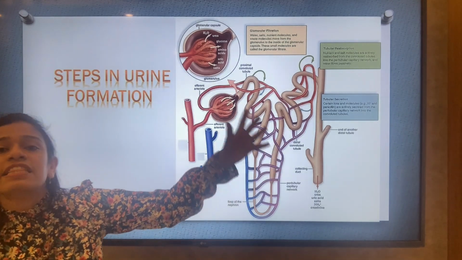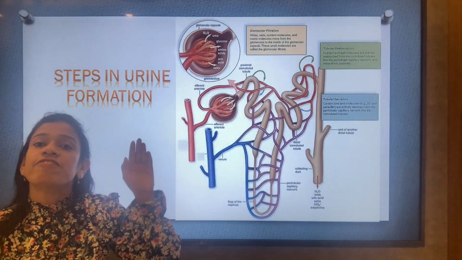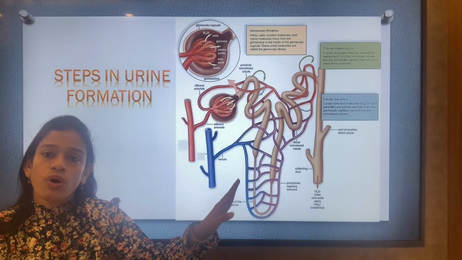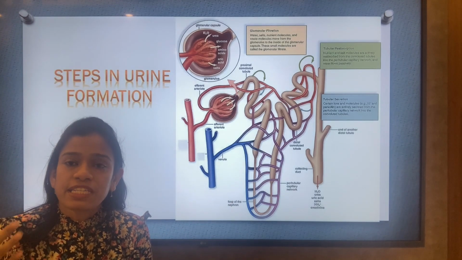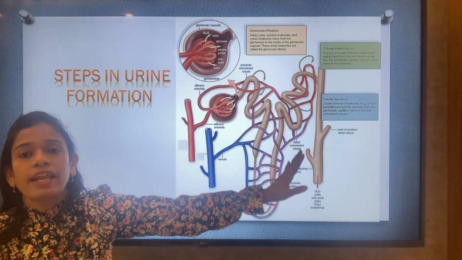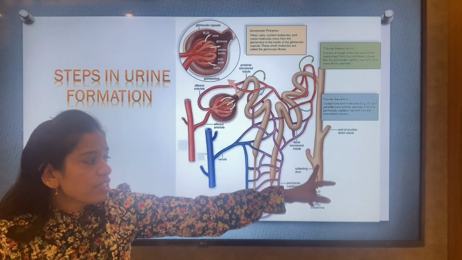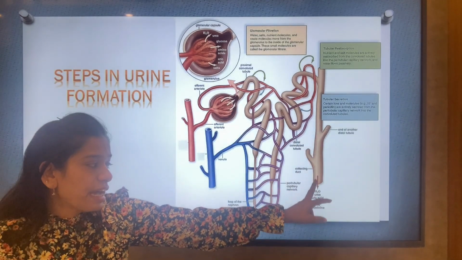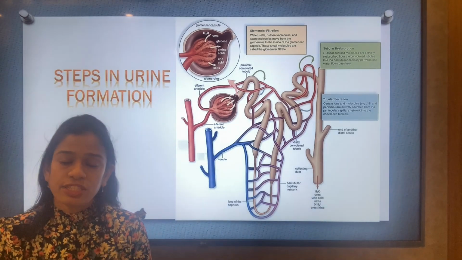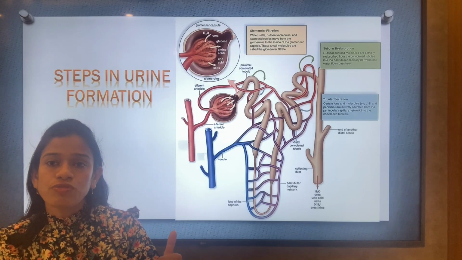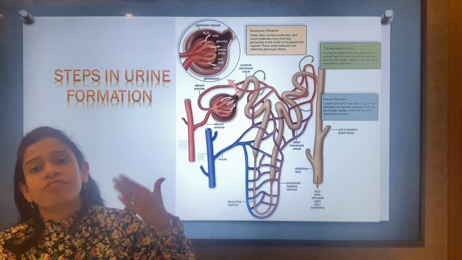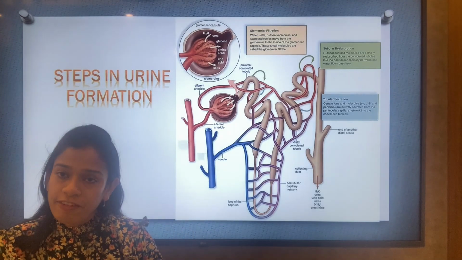Finally the waste which has been filtered and refiltered mixes with water, depending upon how much water is required by the body, and urine is produced. It collects in the collecting duct, goes through the ureter, and finally gets collected in the urinary bladder. When the bladder is full, we get a signal to pass the urine, and the waste products are given out along with it.